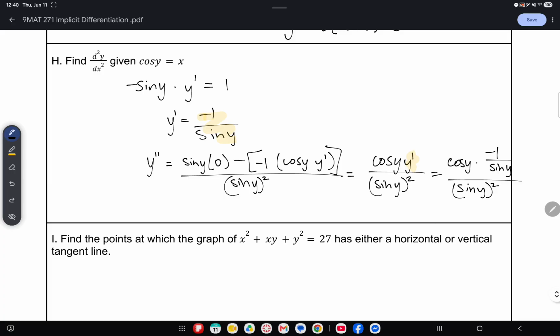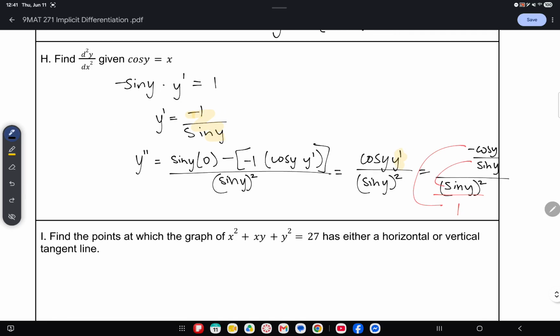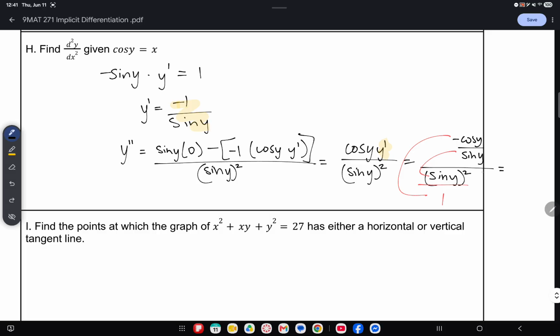Or, yeah, here's what I'm going to do. I'm just going to make that a negative cosine of y. And then I'll do my big C over little c trick here, right? Big C over little c. To get negative cosine of y over, it's actually going to become sine of y cubed. Ta-da.